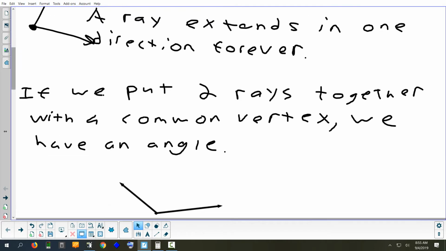And there's another example of the same thing I just did. A ray, another ray, give them a common vertex, now you just created an angle.